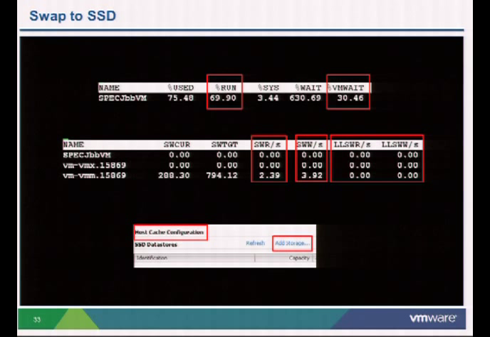Because you can now go to the UI and add an SSD drive as your swap medium. Otherwise, swapping will happen on your traditional storage disk, which is going to be extremely slow compared to SSD drives. So that's why we now provide this option to say, if swapping happens, use the SSD drive, do not use your regular disk.